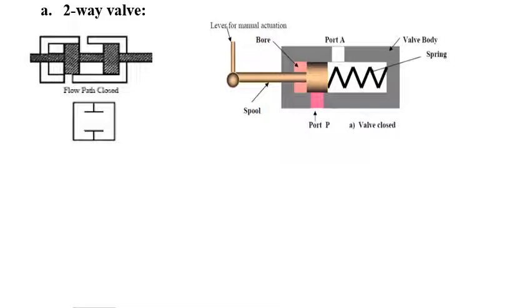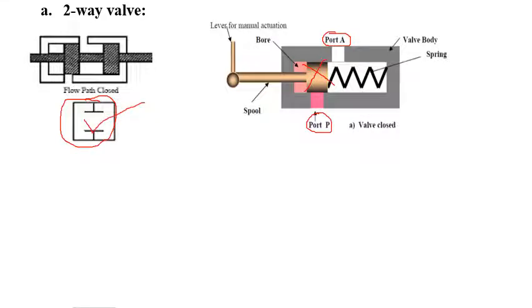Look at this, there is no connection between port P and port A, no flow between them. Both ports are closed. This condition is satisfied.